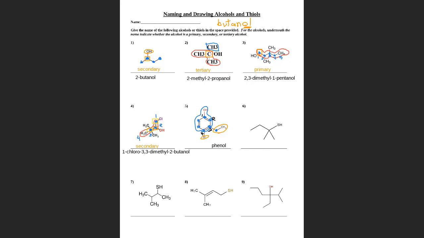Like 4-bromo-3-methyl phenol. Very close. You said 4-bromo-3-methyl, but that's a 2-carbon branch. What's a 2-carbon branch called? Ethyl. Exactly. So it should be 4-bromo-3-ethyl phenol.